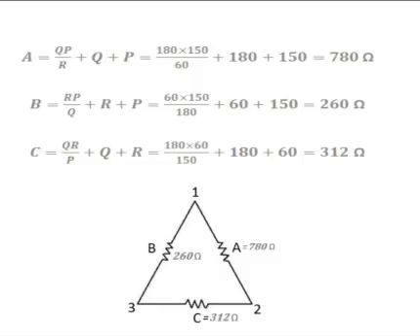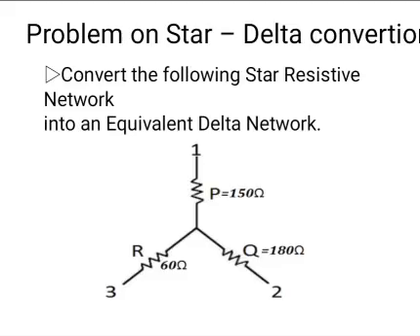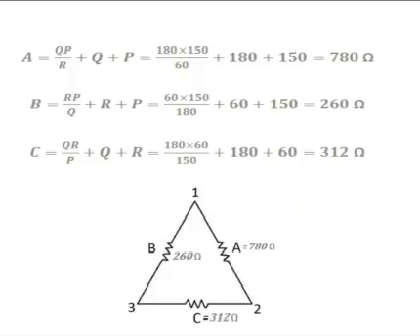We know the star to delta conversion equation A equals QP divided by R plus Q plus P, where Q equals 180, P equals 150, R equals 60. Therefore, that equals 780 ohm.